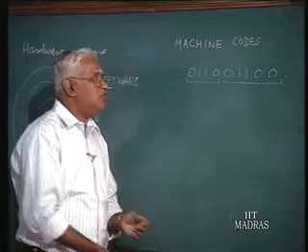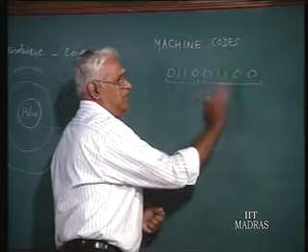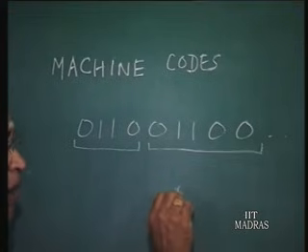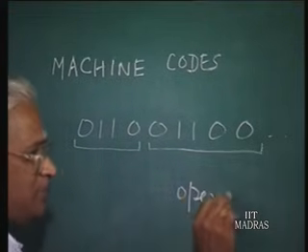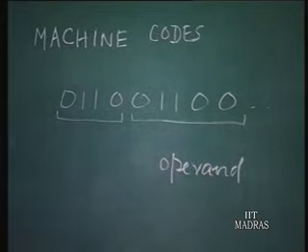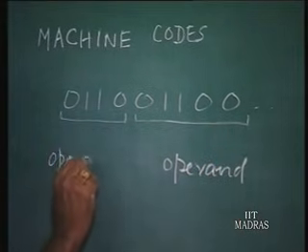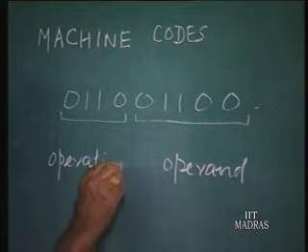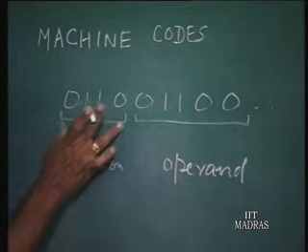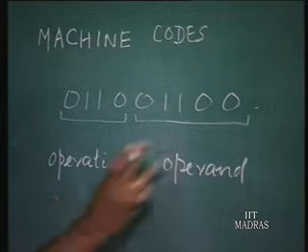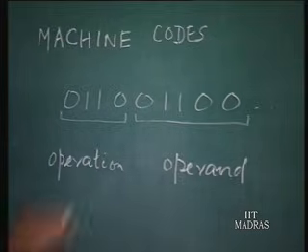So, it is meaningful to understand, fine, this part let us say is the operand or the data, and this part refers to the operation. What is that operation? Originally it is arithmetic operation. So, this is a code related to operation, and this is either code or that itself is operand.